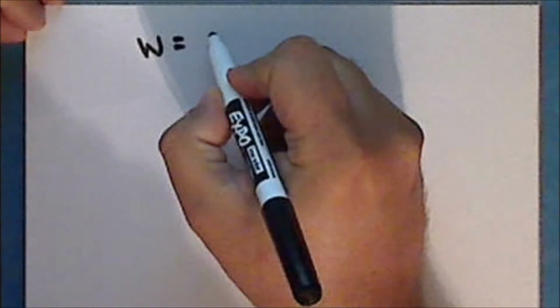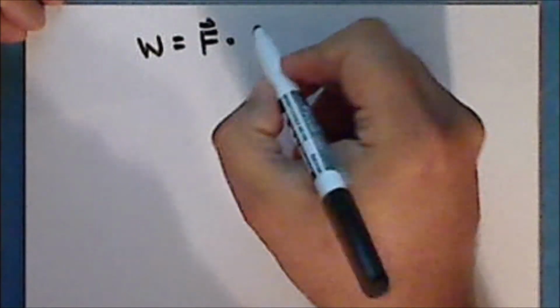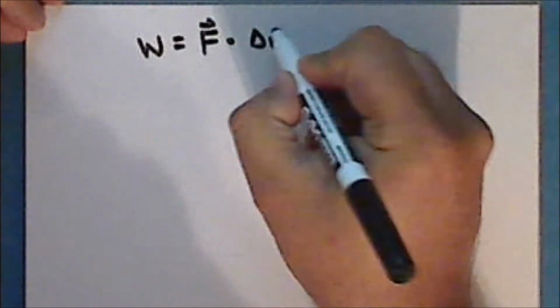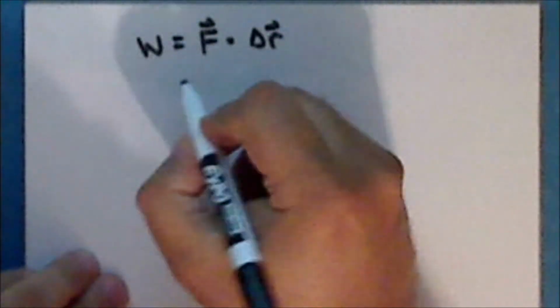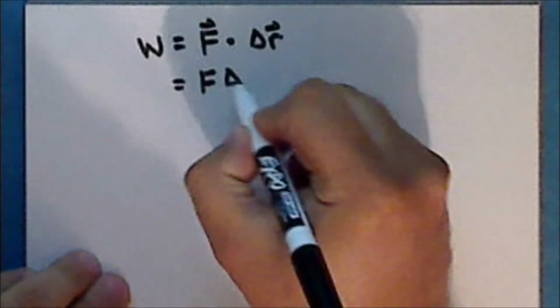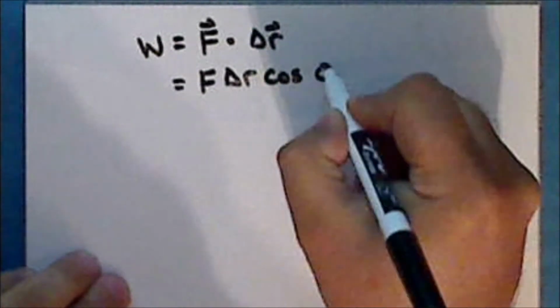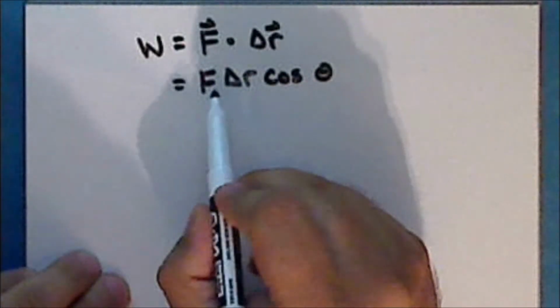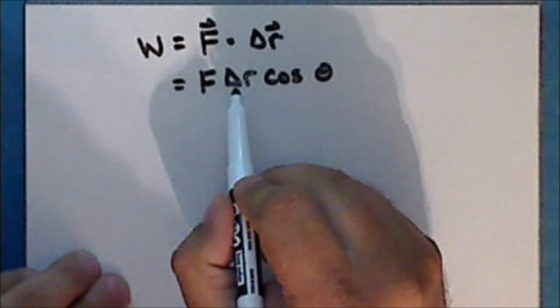So the work done on the wagon is the dot product of the force applied to the wagon and the displacement of the point of application of the force. This is equal to the magnitude of the force times the magnitude of the displacement times the cosine of the angle theta between the applied force and the displacement of the point of application.